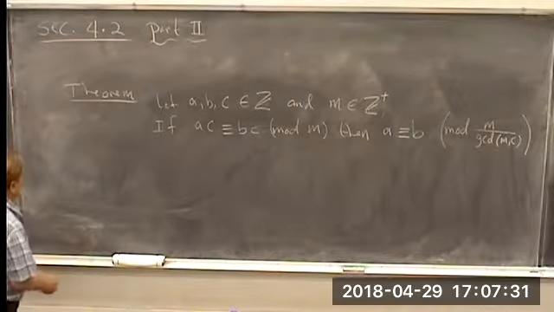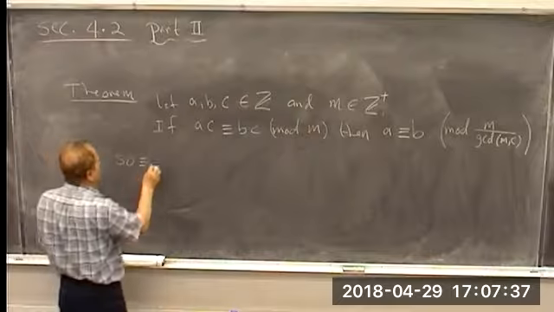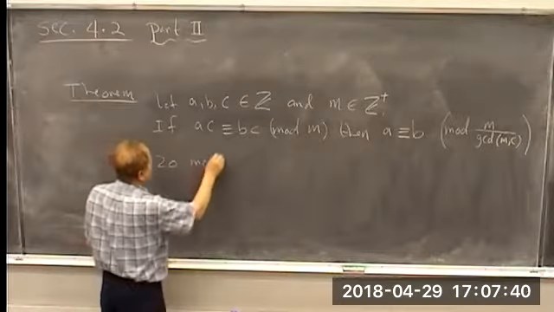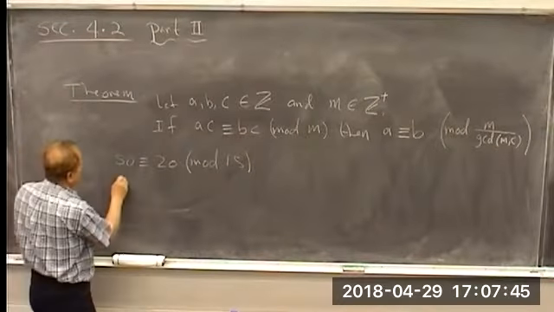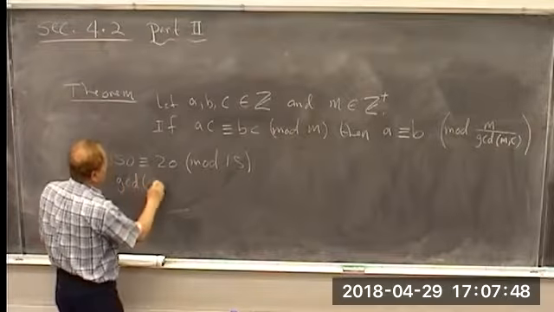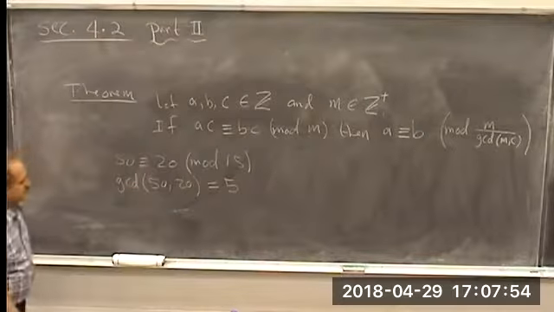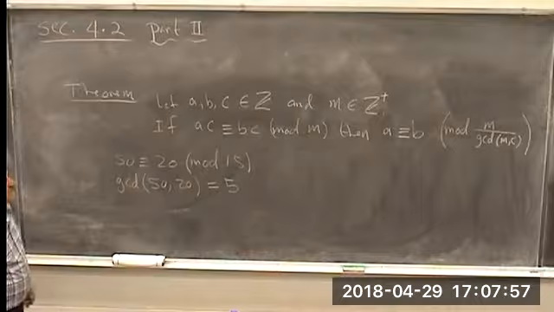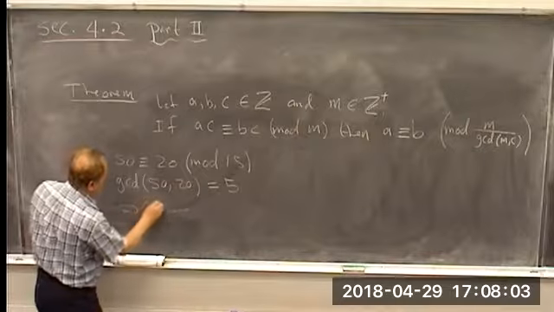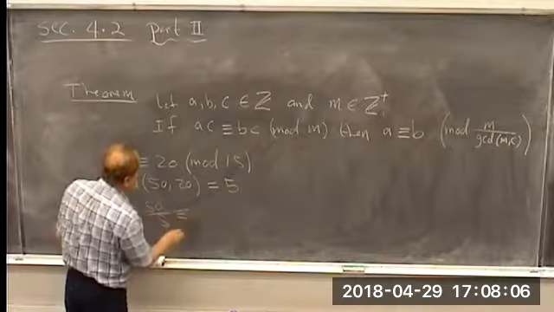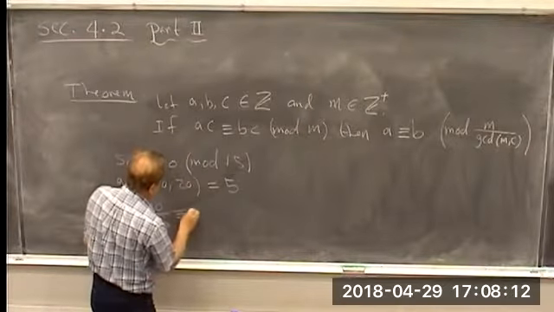And before we prove this theorem, let's revisit the example. So we have 50 is congruent to 20 mod 15. You know that the greatest common divisor of 50 and 20 is equal 5. So we can divide by the greatest common divisor in here. So this implies if I divide by 5, these are multiples of 5, the 20 and 50, all right?